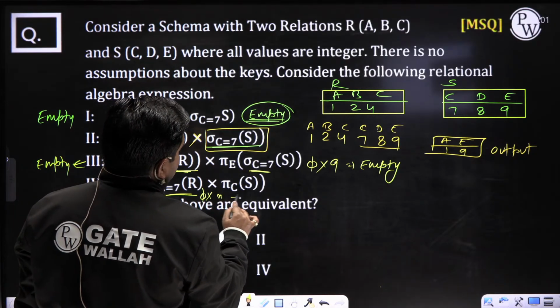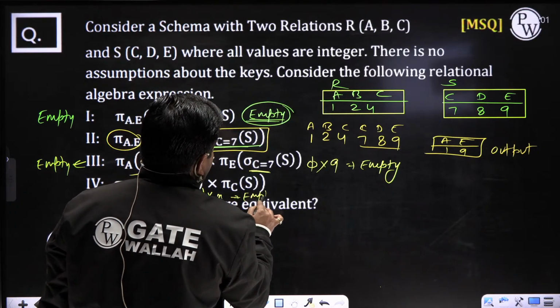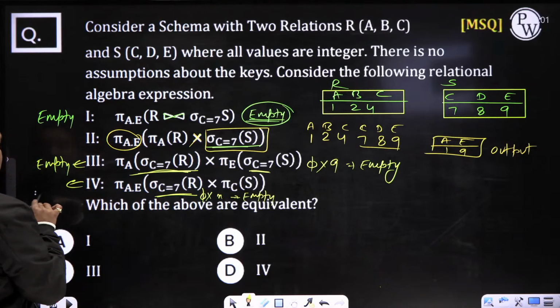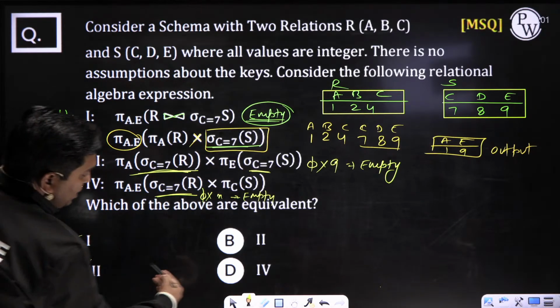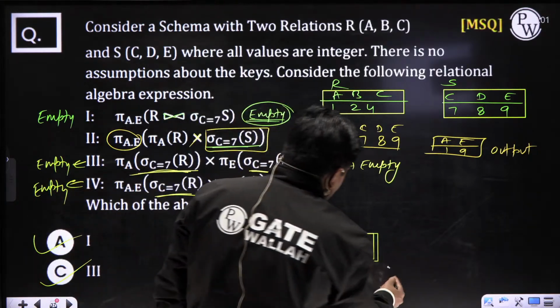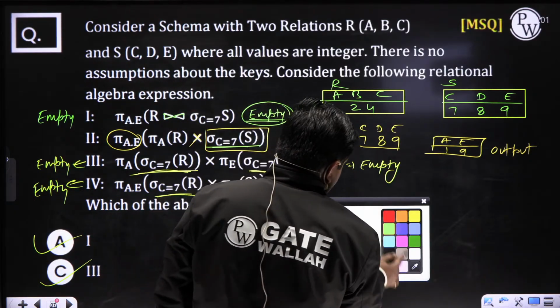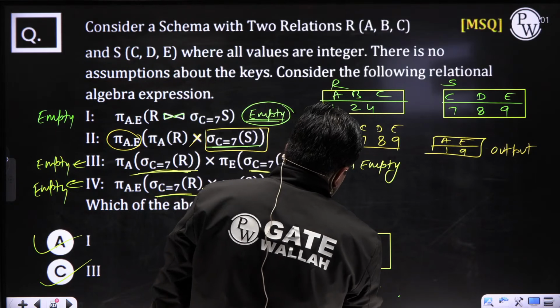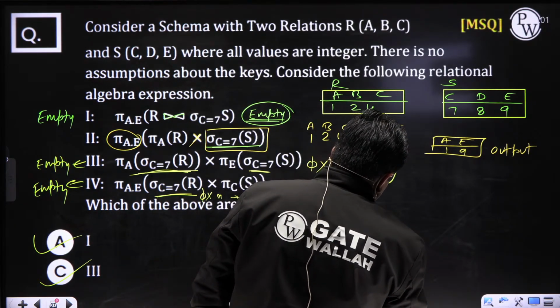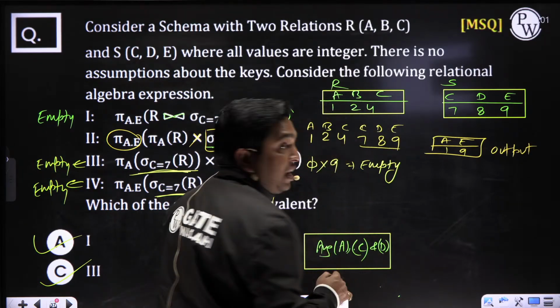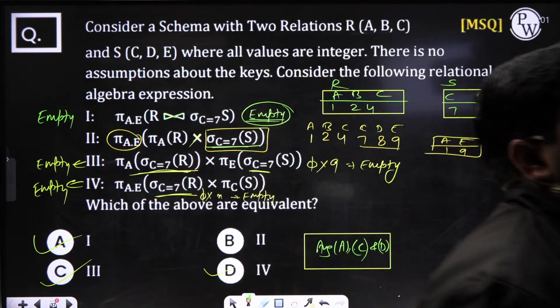Empty times something is empty, my dear. So what are you getting? First, third and fourth, my dear. So what is the correct answer? A, C and D, my dear. Crystal clear everyone?